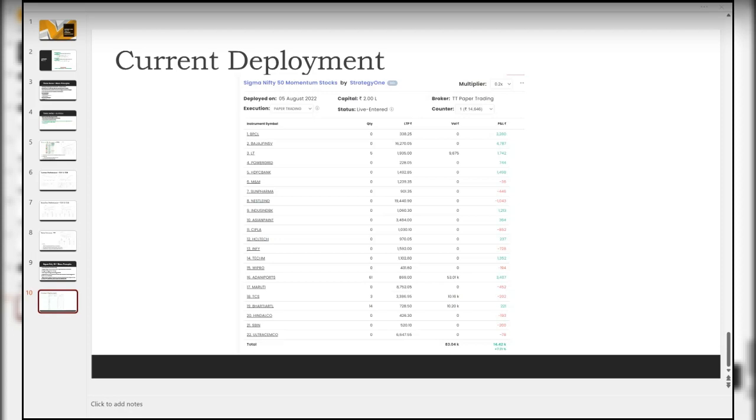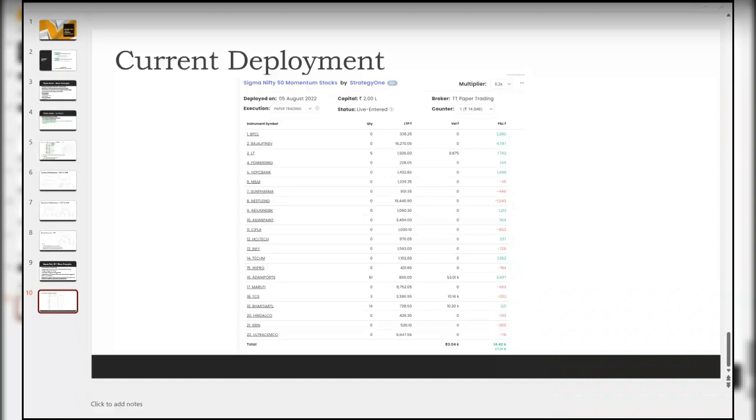Sigma, if we are allocating, let's say 10 lakhs on 1x, will take positions in 20 stocks, and if it is not even taking positions in 3 or 4 stocks, that means the strategy is giving us an indication that the market is falling and not stabilizing. Even the older Sigma strategies were there in PT, and we could see that they were not taking positions.